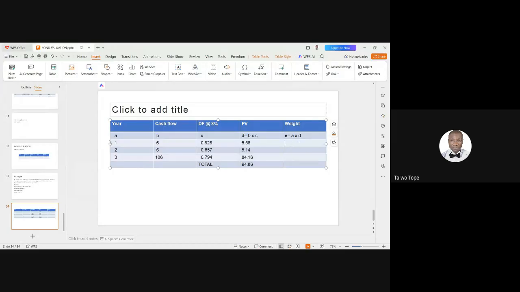So year 1 multiplied by 5.56 is still 5.56. For year 2, 2 multiplied by 5.14 gives 10.28. And for year 3, 3 multiplied by 84.16 gives 252.48.